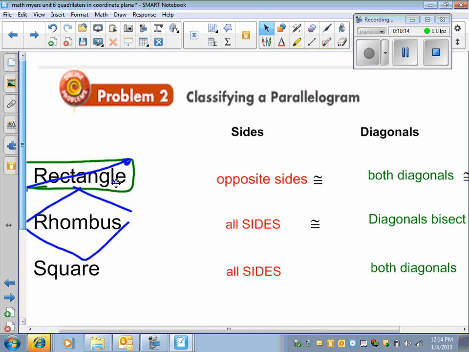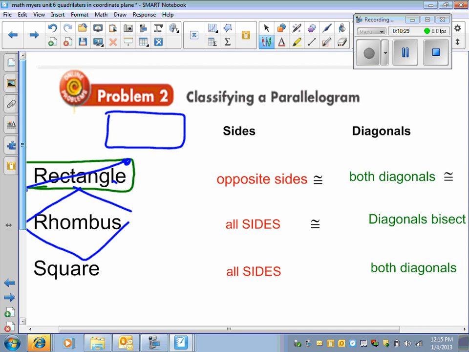Here it says with the diagonals, if both diagonals are congruent, it could possibly be a rectangle. But what does that mean? That means if this diagonal here is 10 units, then this diagonal going this way is also 10 units. Or if we wanted to say the whole thing was 20, we could say 10, 10, 10, and 10.